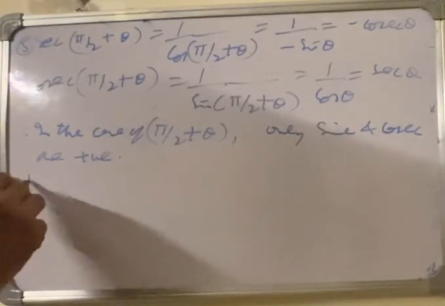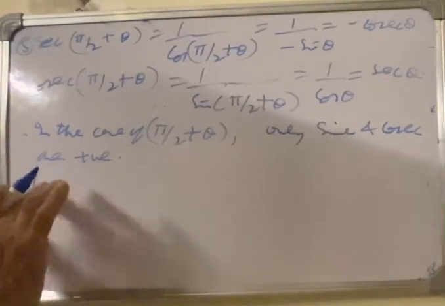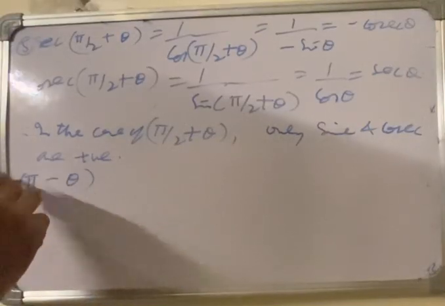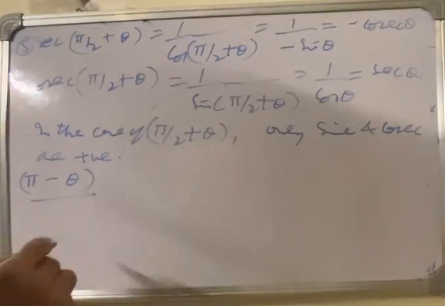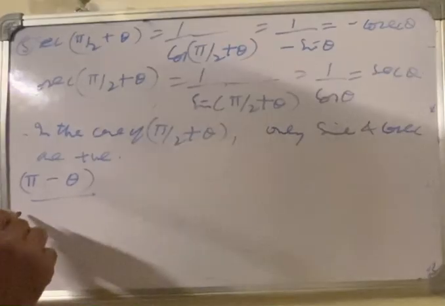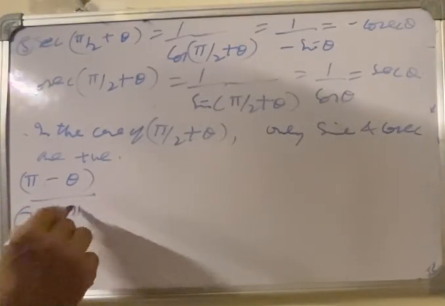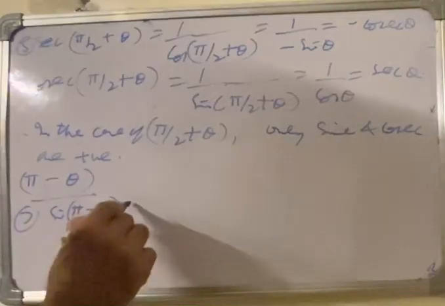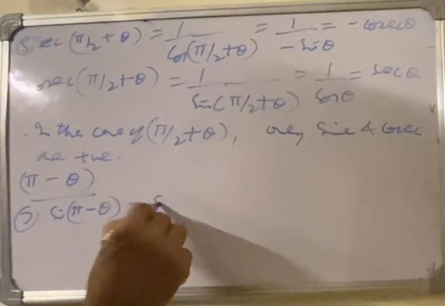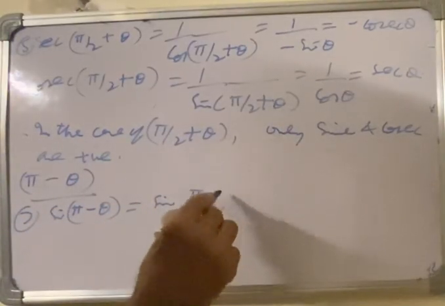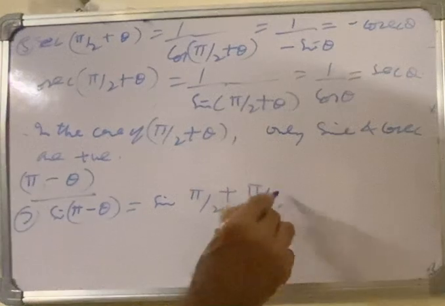Then we take angle pi minus theta. First of all, we take sine of pi minus theta. This we can write as sine of pi by 2 plus pi by 2 minus theta.